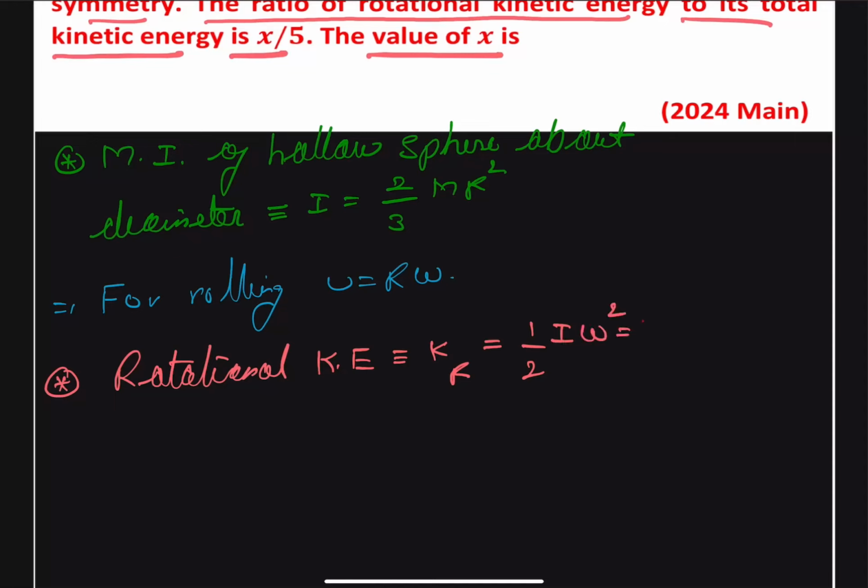We can substitute the value of I, that is 2 by 3 mr square, and we can also substitute omega, which is equal to v upon R. So this comes as v upon R whole square.